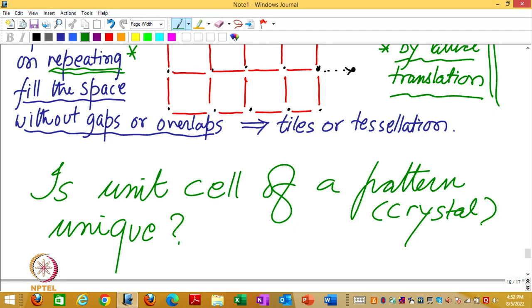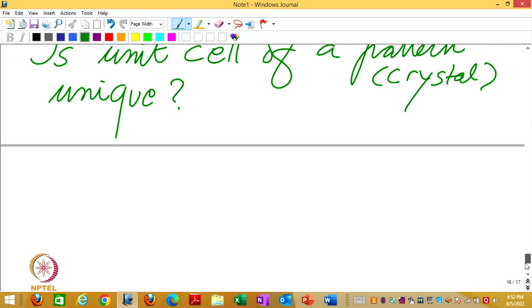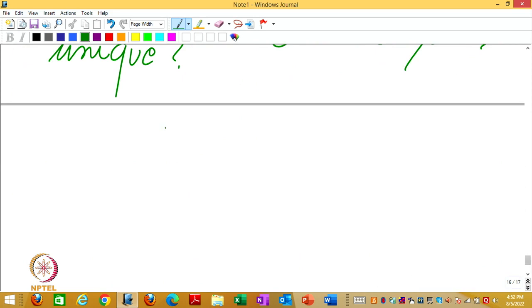Pattern more general, it can be pattern of anything. Crystal is a pattern of atoms. So, is unit cell of a pattern unique? So, like I drew a square tile, a square lattice, and I drew a square unit cell. So, is there a one to one correspondence, one to one relation between unit cell and lattice? That is what I am asking.